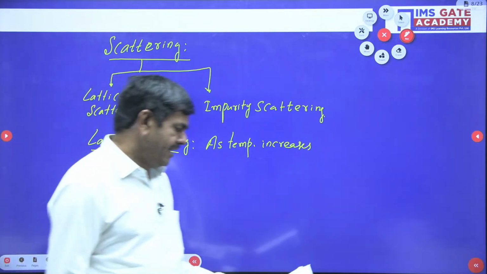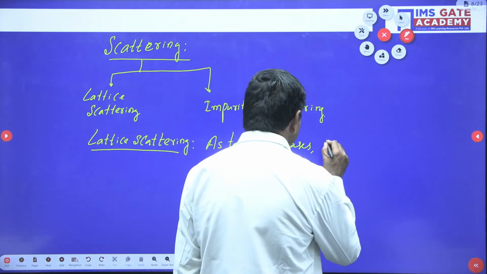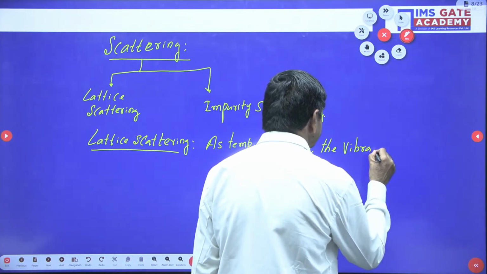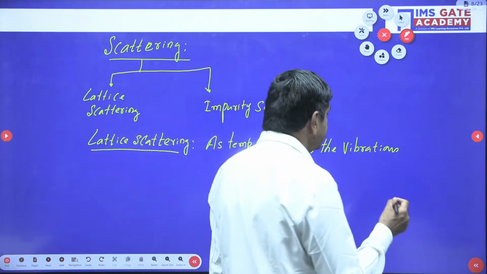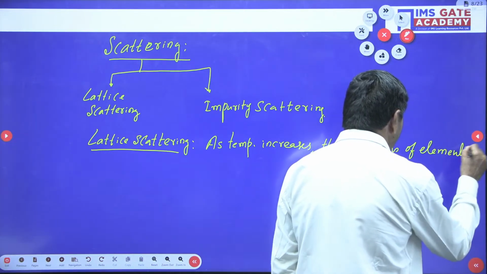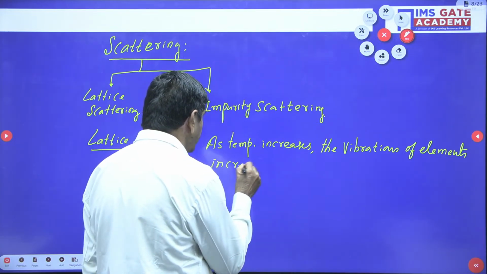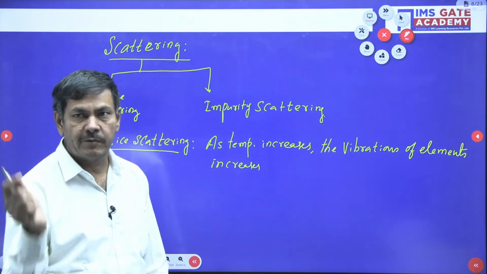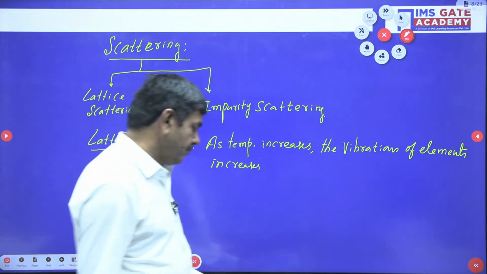That's why we can write: as temperature increases, the vibration of the atoms or elements increases due to the increase of temperature. Because of this vibration, mobility will be decreased.